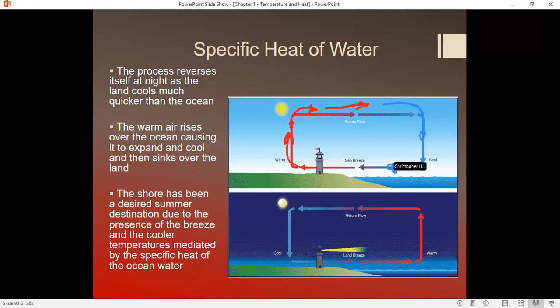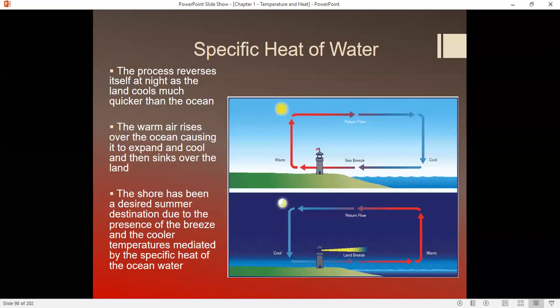And then it gets pulled in because that warm air was heated and rose and was pulled away. This creates a convection cell. Okay? So during the daytime in the summer, we generally get an onshore breeze as long as there's no prevailing westerly wind.